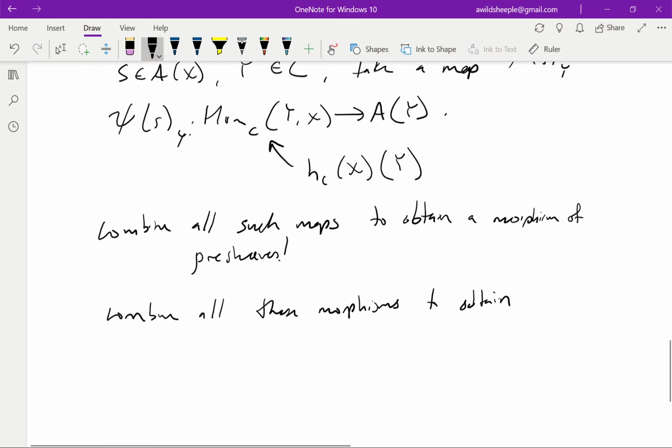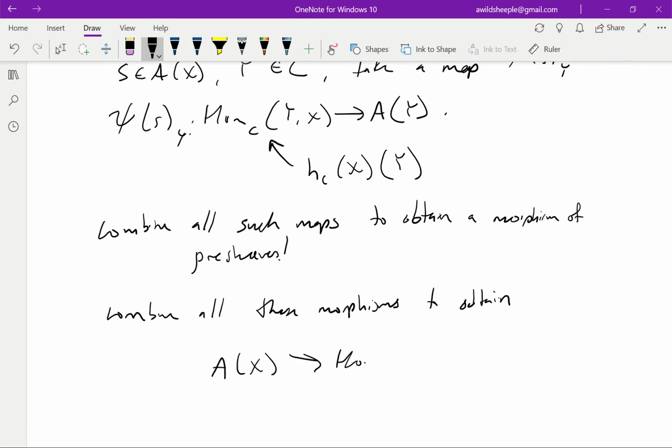Well, this map goes from A of X, because this is a presheaf, into Hom in PSH(Set^C), H_C of X, A. And so if we could actually do such a thing, then we would have everything we need. So this is our strategy. Now I have to tell you how to actually construct such a map given S and Y.